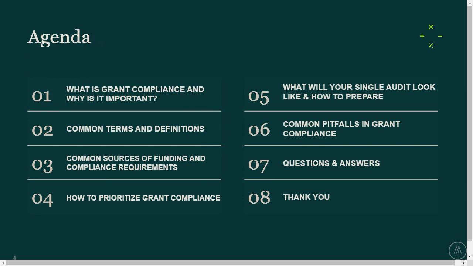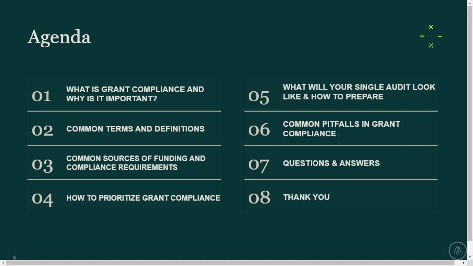So today we're going to talk with you about what, at a high level, grant compliance is and why it's important. We're going to cover some common terms and definitions just so that we're all speaking and hearing the same language. We understand that terms that you use internal to your organization may differ a little bit, so we wanted to give us a common ground.